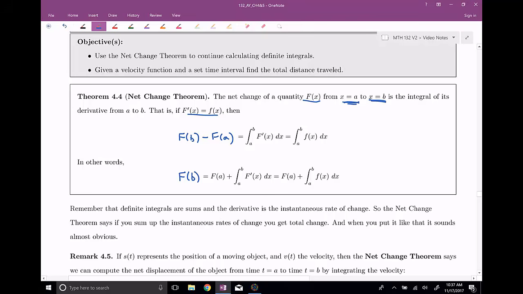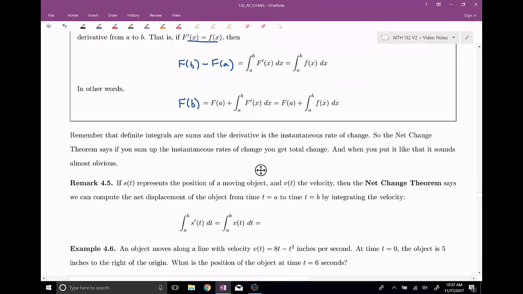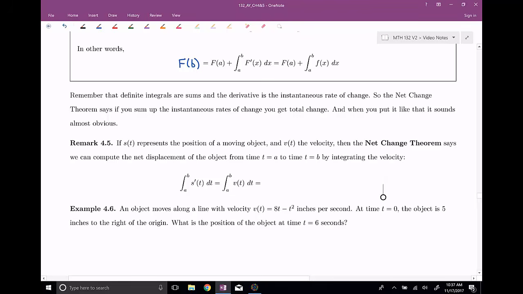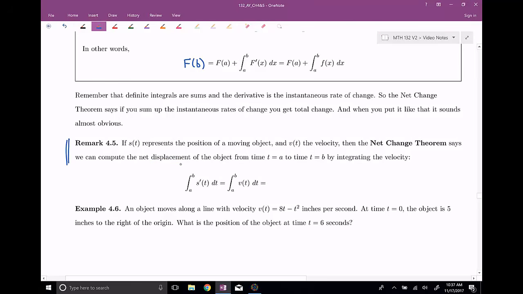All right, so in this class, we are focused on good old physics applications here. So if s(t) represents the position of some moving object, and we have its velocity, v(t), then the net change theorem says that we can compute the net displacement, where did you start versus where did you end, a good physics term there, of an object from t equals a to t equals b by integrating velocity.